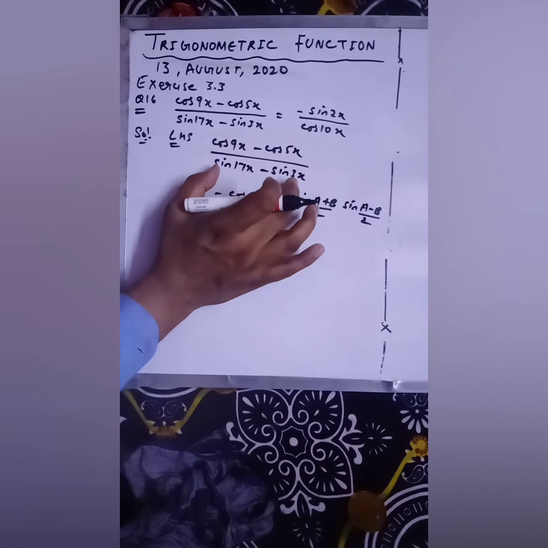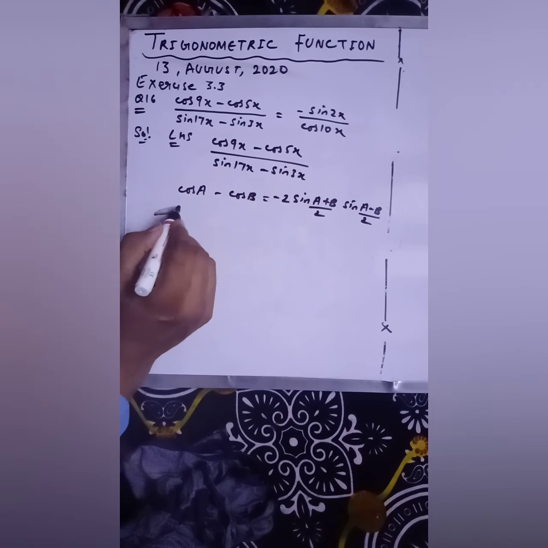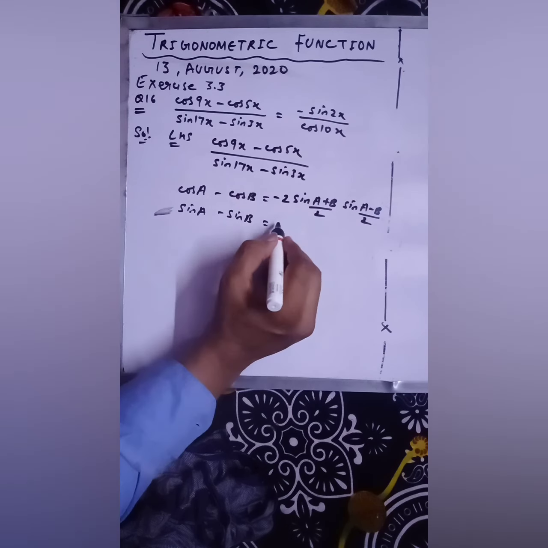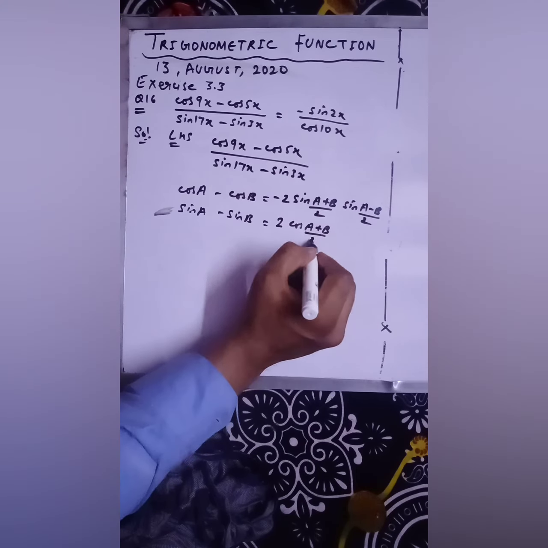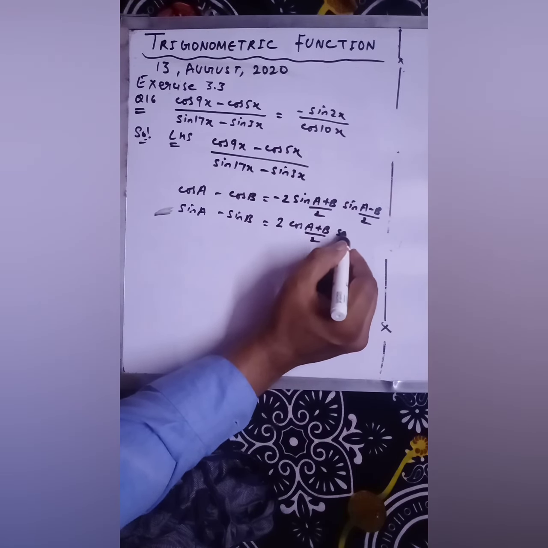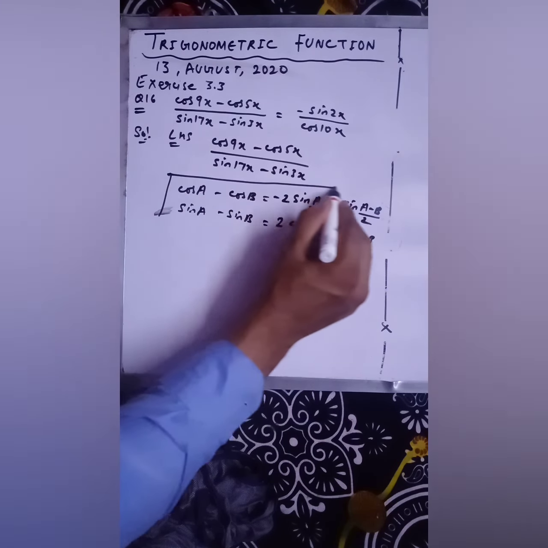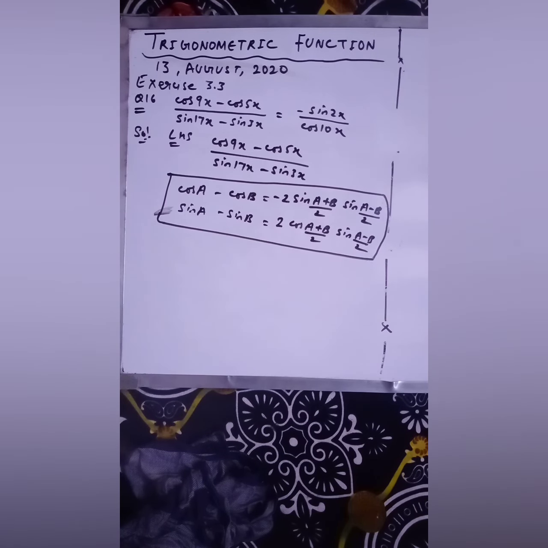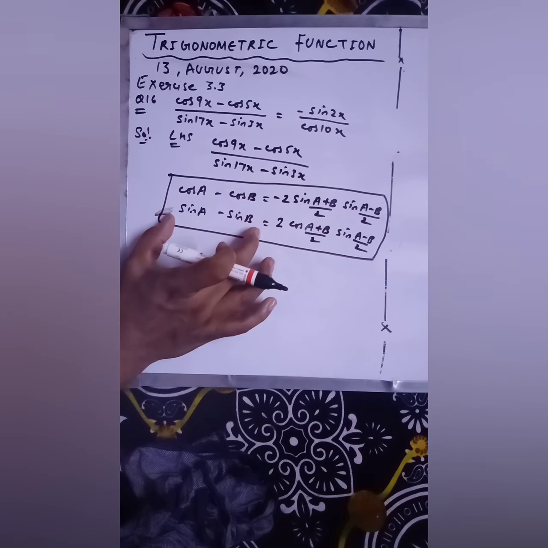And similarly here, in the denominator, you have to apply 2 cos (A plus B) by 2 and then sin (A minus B) by 2. So these two formulas you have to apply in this question. In the numerator part you apply this formula, in the denominator part you apply this formula. Got it? So apply it.